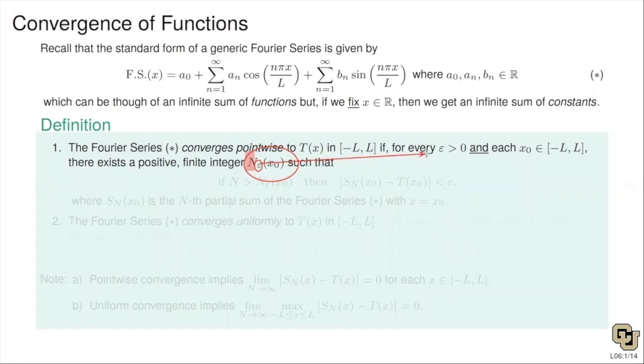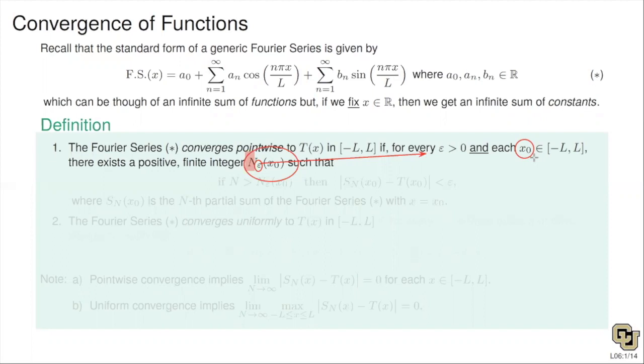Because we can choose epsilon as we want. We can choose epsilon to be 1/2, 1/8, 0.0001. And for each epsilon and for each x we choose, there's going to be a capital N. So the capital N we're choosing depends on our choice of epsilon and x. You can think of epsilon as a tolerance for how closely we want it to converge, and x sub 0 is a location.